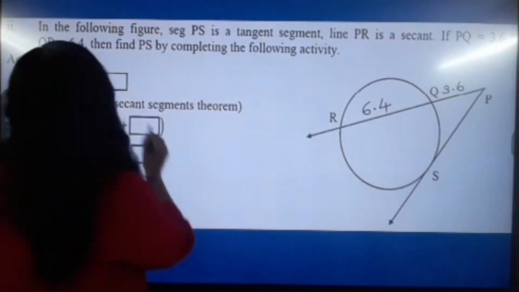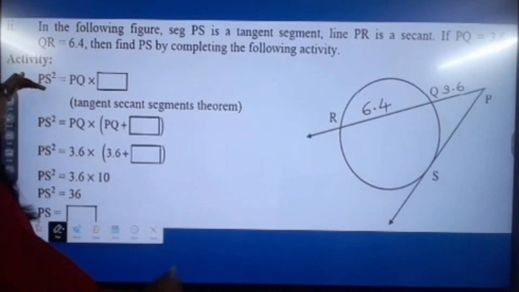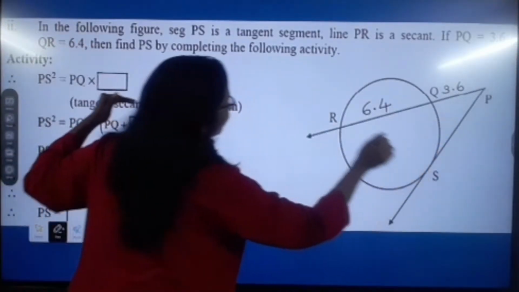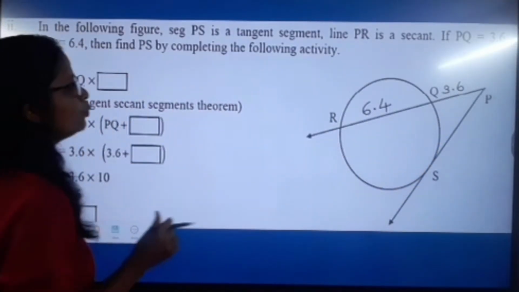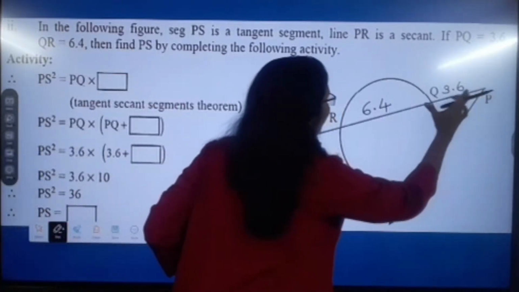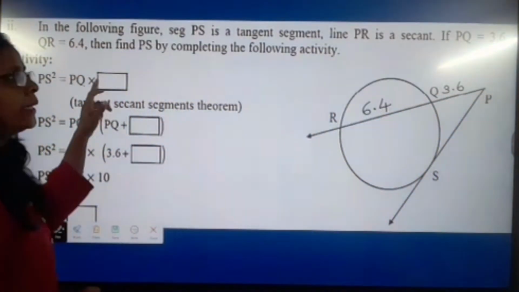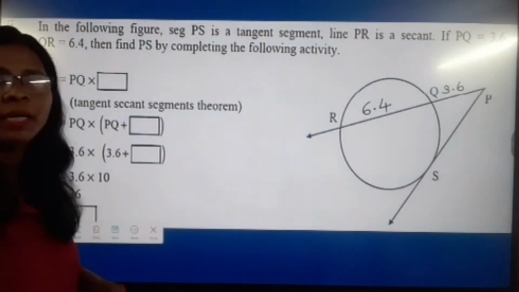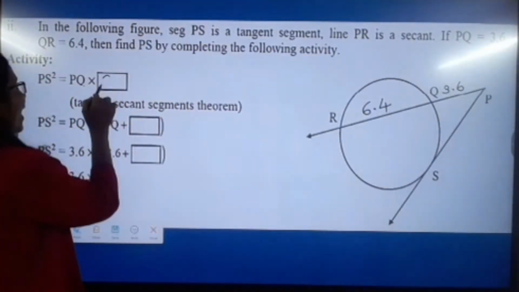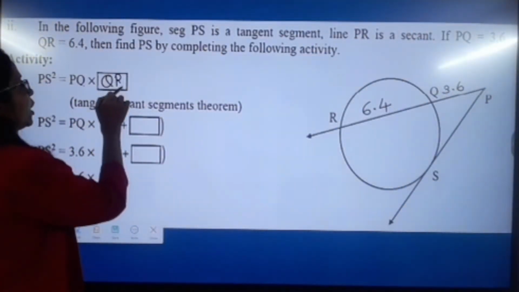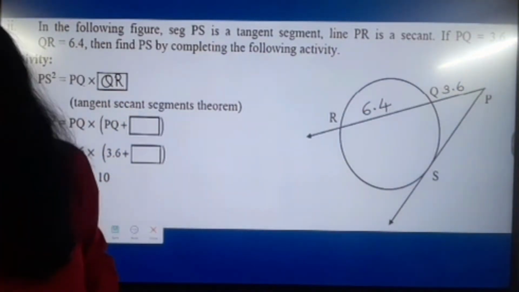So here, students, see that PS square is equal to PQ, this part PQ, multiplied by QR. So I write down here QR. Okay, students?